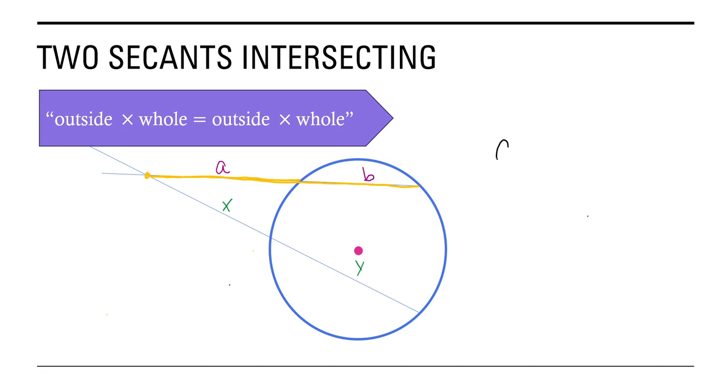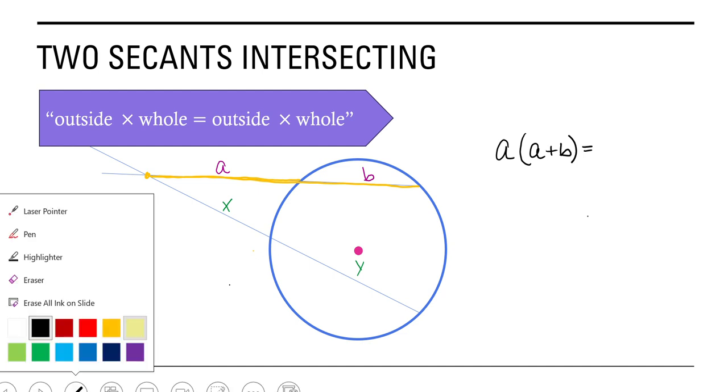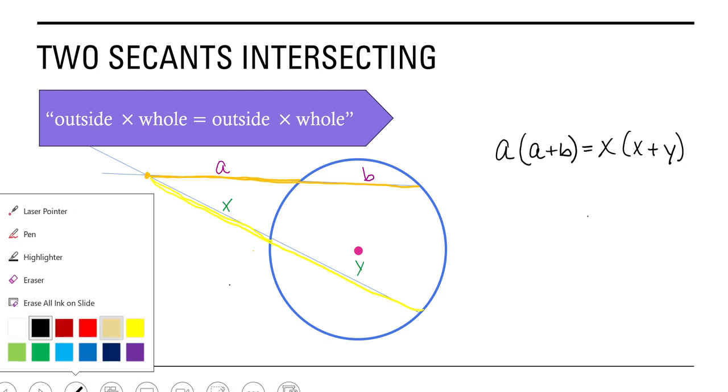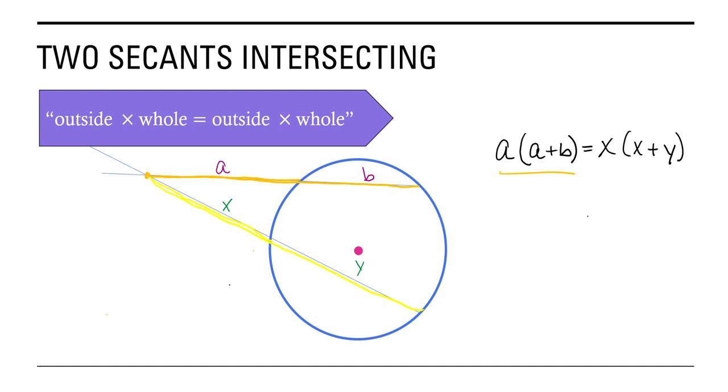So that would be A times A plus B is equal to the outside part times the whole line segment. So that would be X times X plus Y. And again, I kept one line segment on one side of the equal sign, and I kept the other line segment on the other side of the equal sign.